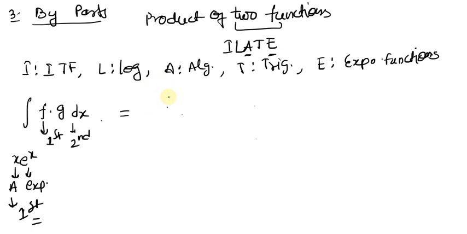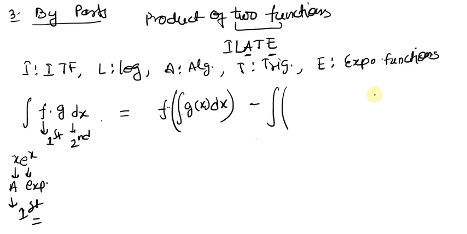If we are considering like this, then we can apply the rule. The rule says that first function you write as it is and you integrate the second function separately and multiply with f, then minus, and then again the integration sign. And this is very important: you simply differentiate the first function and multiply with the integration of the second function.